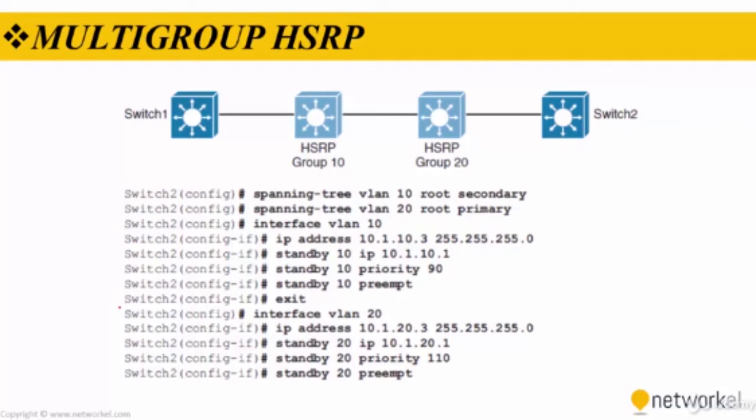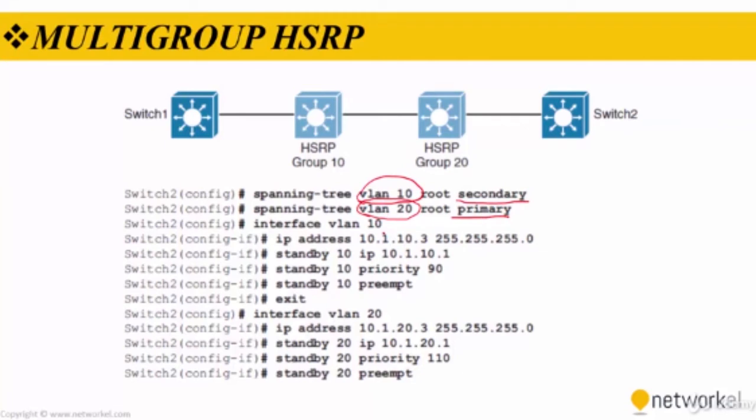I can use different gateways for different VLANs in HSRP, and this is what Multigroup HSRP is doing for me. For example, for VLAN 10 and VLAN 20, I'm using this guy as primary and I'm using this guy as the secondary for VLAN 20 and VLAN 10.